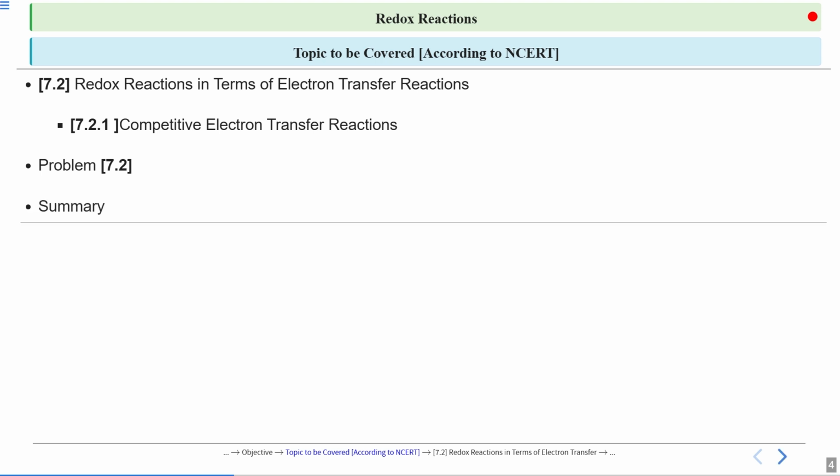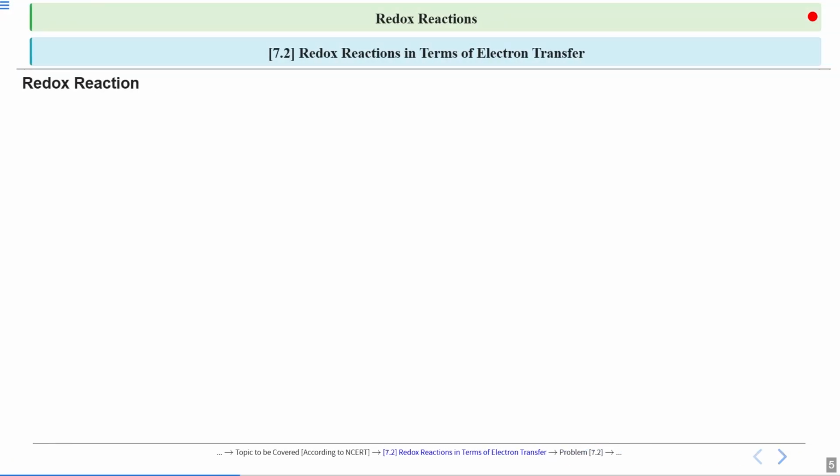And then there will be a summary for the whole lecture. We will summarize all the concepts related to electron transfer reactions and redox reactions in a short manner. So now let's start the lecture with the redox reaction.